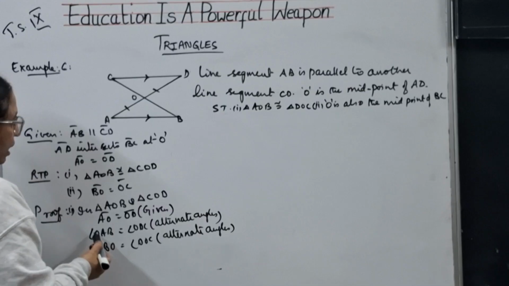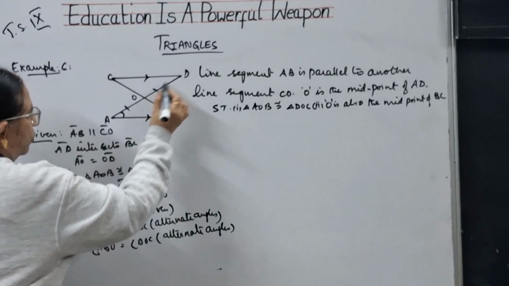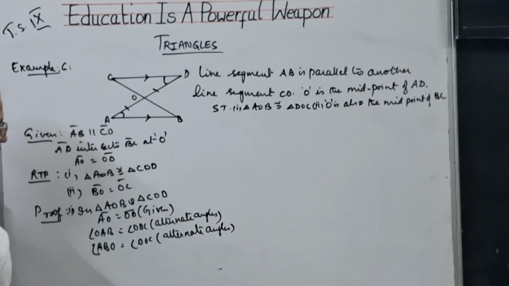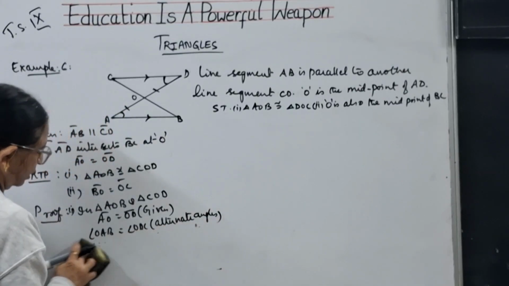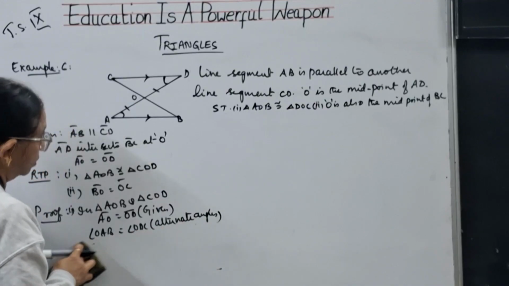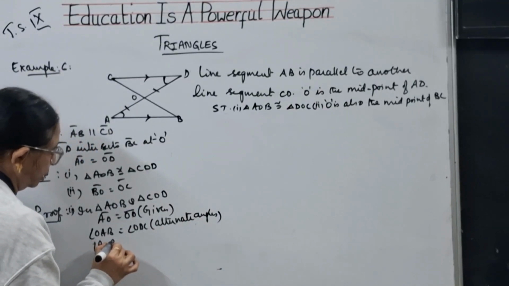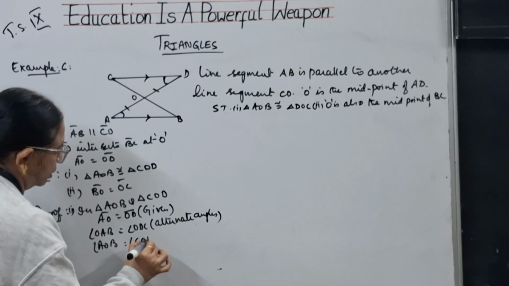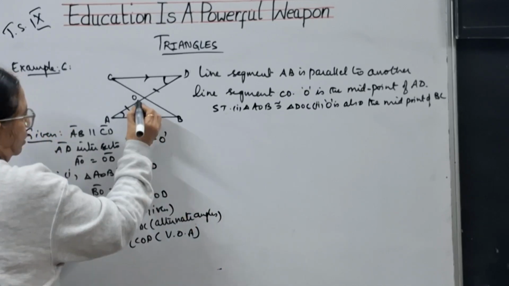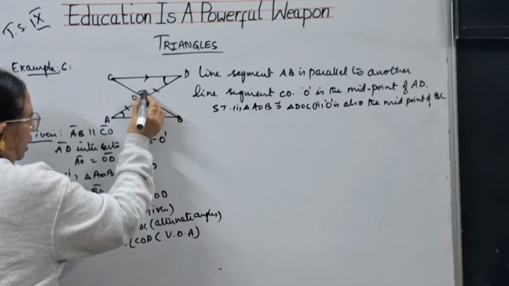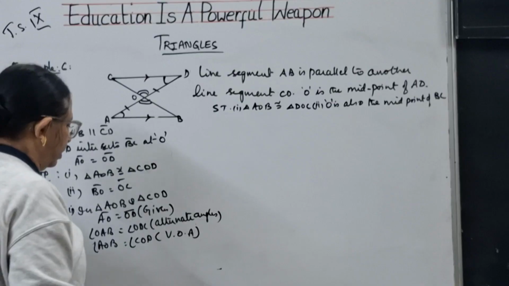So see children, angle OAB means this angle is equal to angle ODC, this angle. And of course, angle side angle means we have to take another angle. Sorry children, we will take this. And angle AOB is equal to angle COD, vertically opposite angles. Let us take this. So these two are equal.